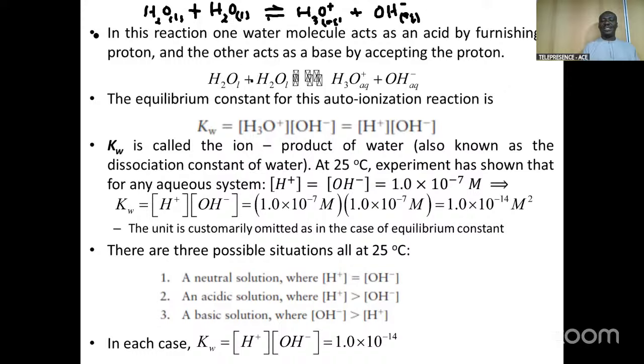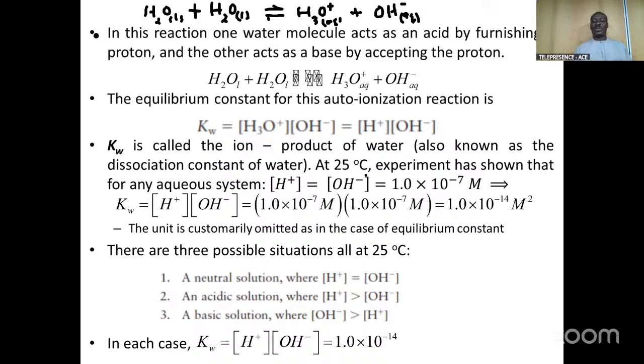The value of Kw at 25 degrees Celsius is 1 times 10 raised to the power minus 14, to show us the extent of this dissociation. So in one word, since the value is extremely small, we can say that this does not change appreciably in solution, and so that's why we write the Kw in terms of the ions. That's why we call it the ion product of water, or the dissociation constant of water.